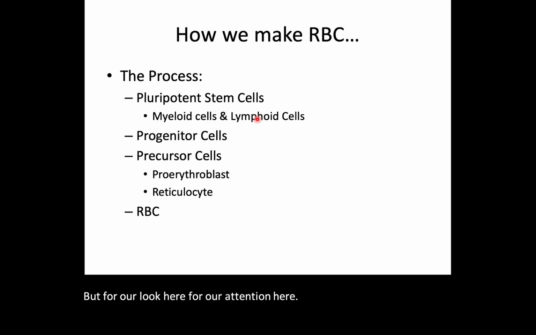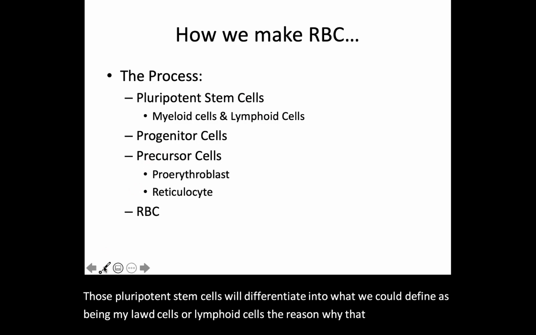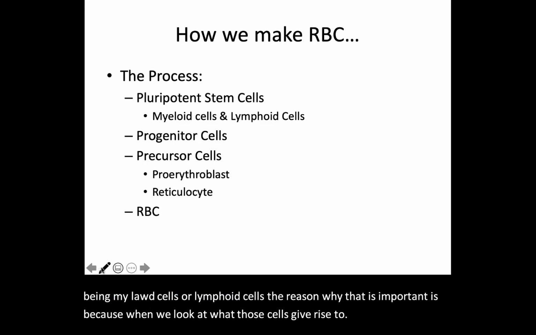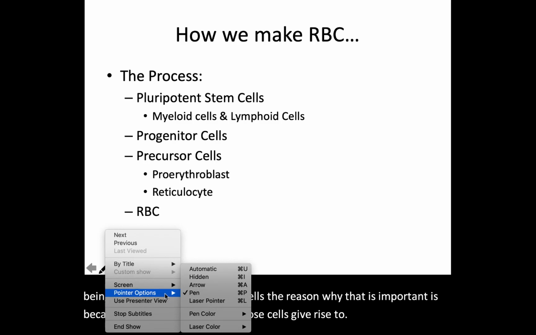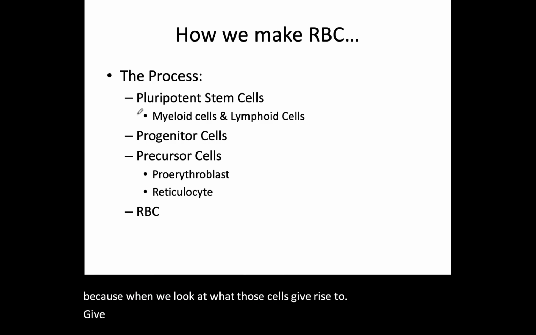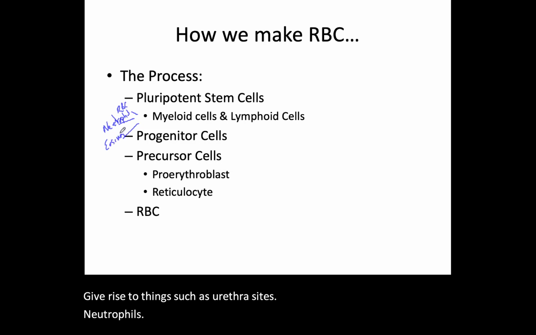The reason why that is important is because when we look at what those cells give rise to, those pluripotent stem cells give rise to things such as erythrocytes, neutrophils, eosinophils, basophils, platelets.